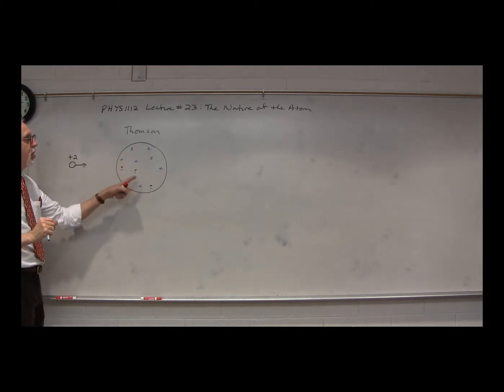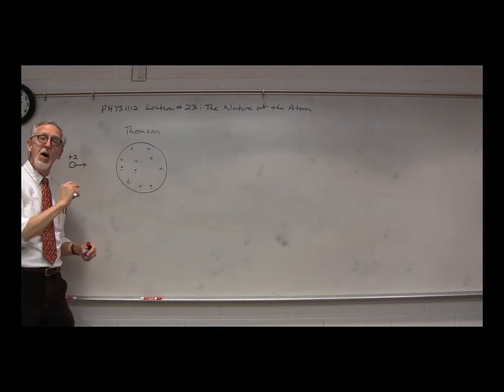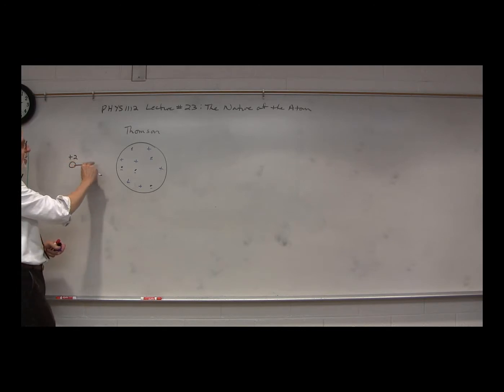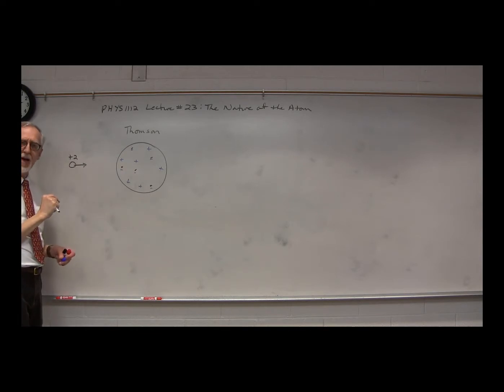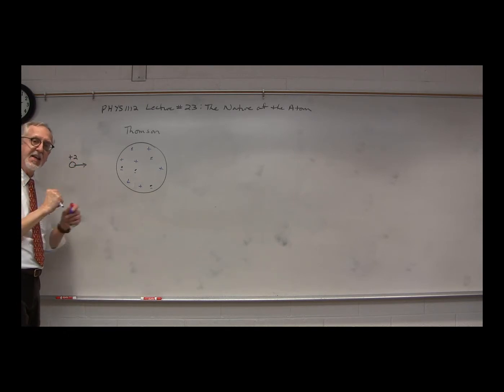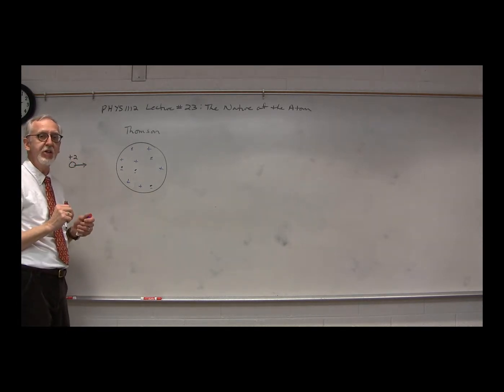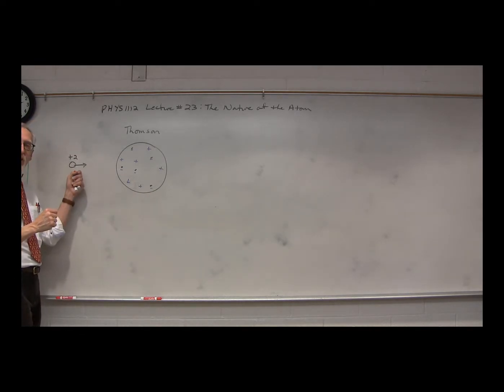Well, there is no strong positive charge that would repel this alpha particle and send it back this way. There's nothing there that would cause the alpha particle to go backwards. Well, what Rutherford had to do was to take the positive charge and condense it down into a smaller region that would give enough force to send the alpha particle back the way it came from, to backscatter it.